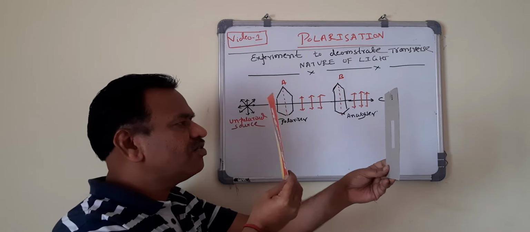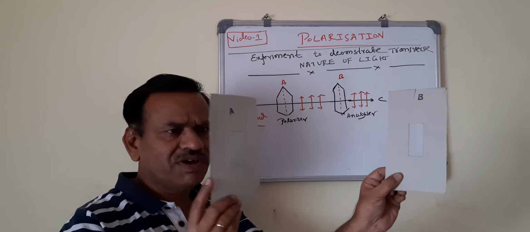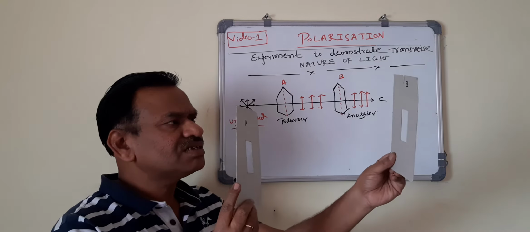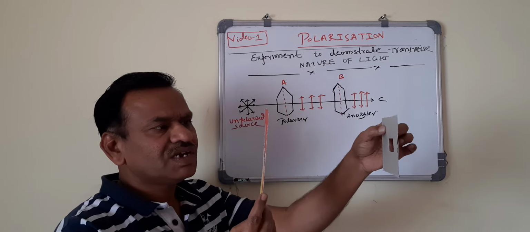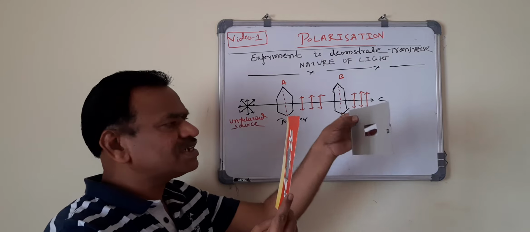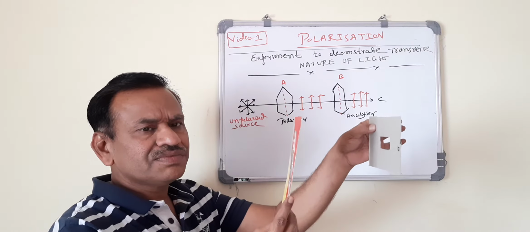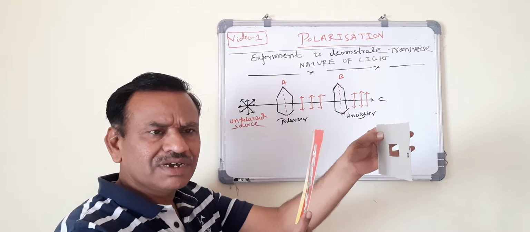Now crystal A is fixed and B I gradually rotate like this. Now what happens? There is no light coming out through crystal B, because both are perpendicular. It will cut off all the vibrations.